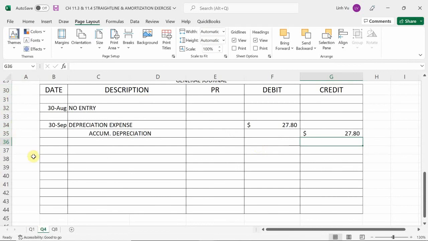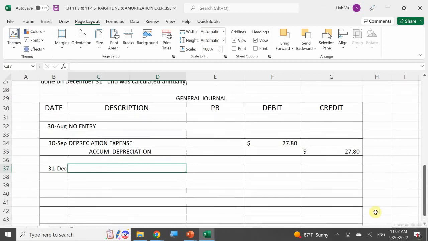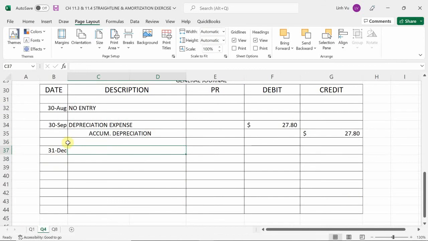So if I decided, instead of journalizing at the end of every month, to do it at the end of the year, how do I record my first year's depreciation expense? It would be depreciation expense. Good. And accumulated depreciation. Good.